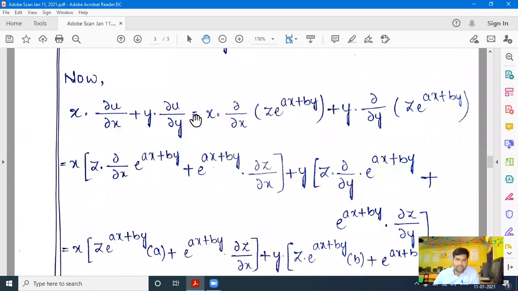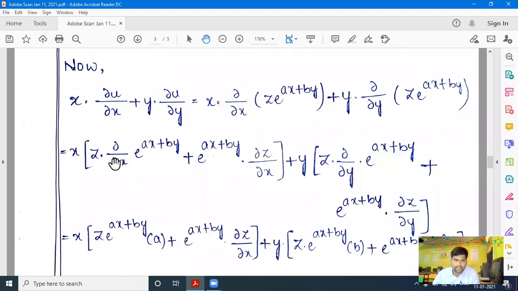Z is a function of x and y, and e power ax plus by also contains x, so how to apply the uv formula. So here x into dou by dou x of z into e power of ax plus by plus y into dou by dou y of z into e power of ax plus by.